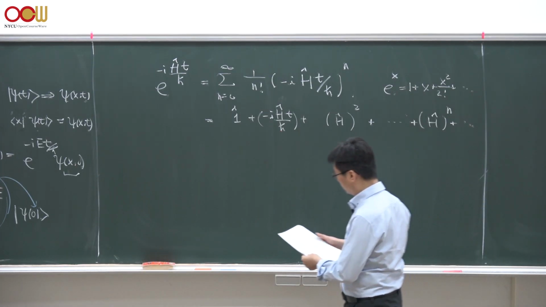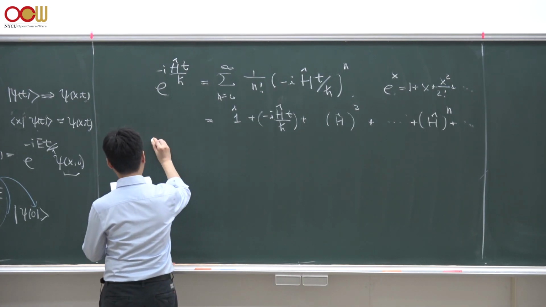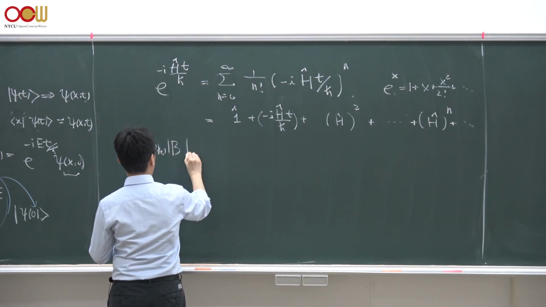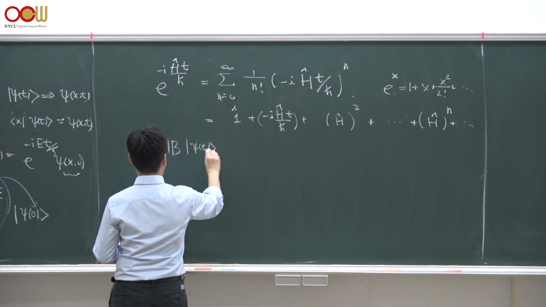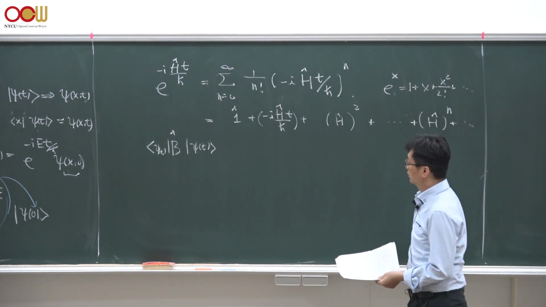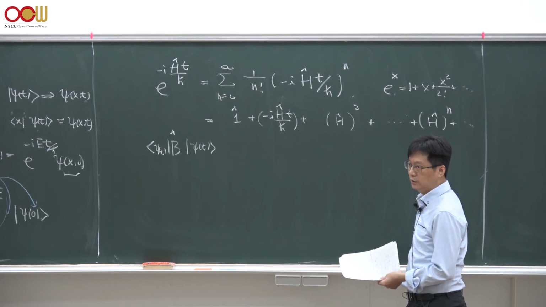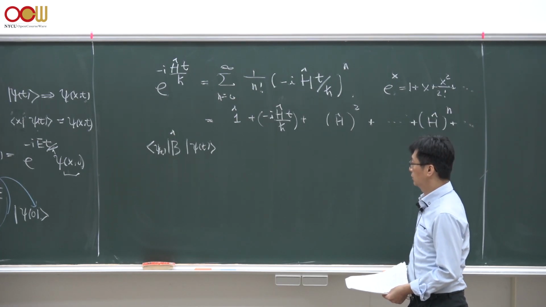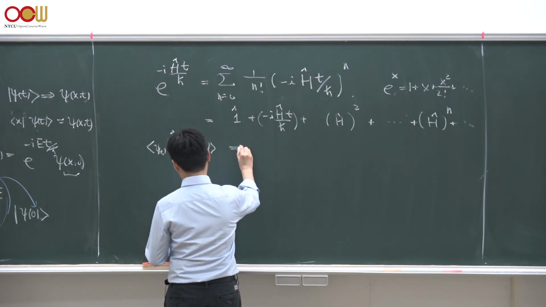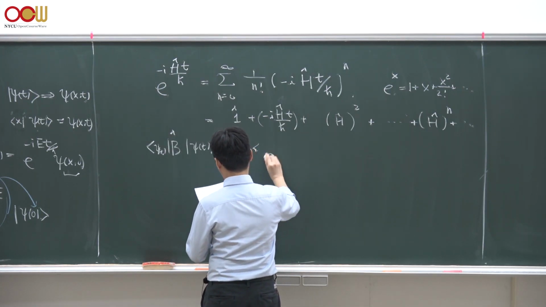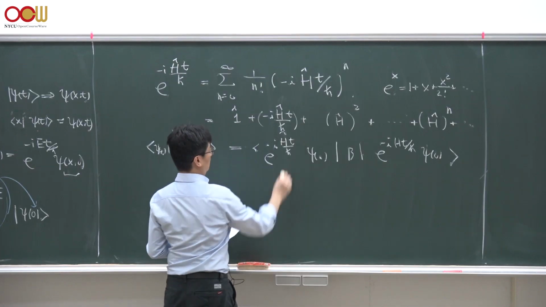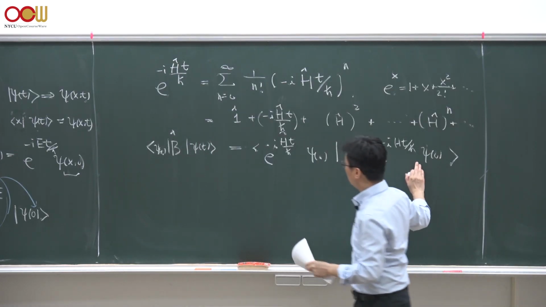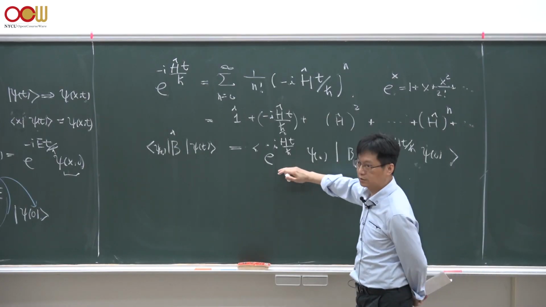So let's try to evaluate the expectation value of any operator B. Suppose we sandwich this B operator between the Dirac bra and ket states of psi of t, which is the time evolved eigenstate of psi 0. So let's just plug this in. We simply plug in this psi of t as a Dirac ket and also as a Dirac bra.